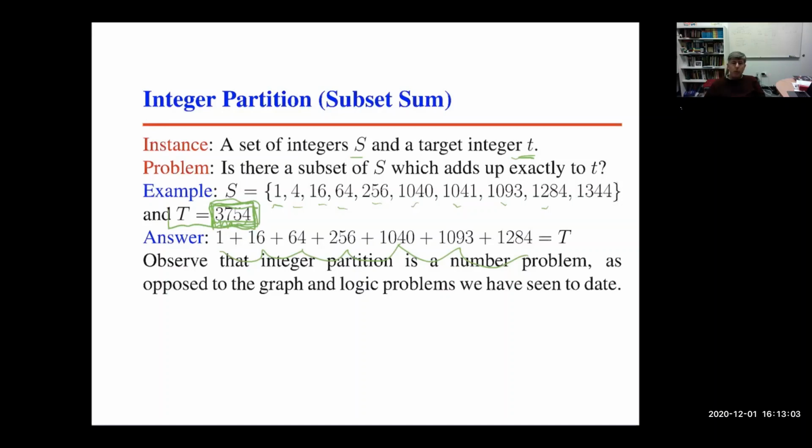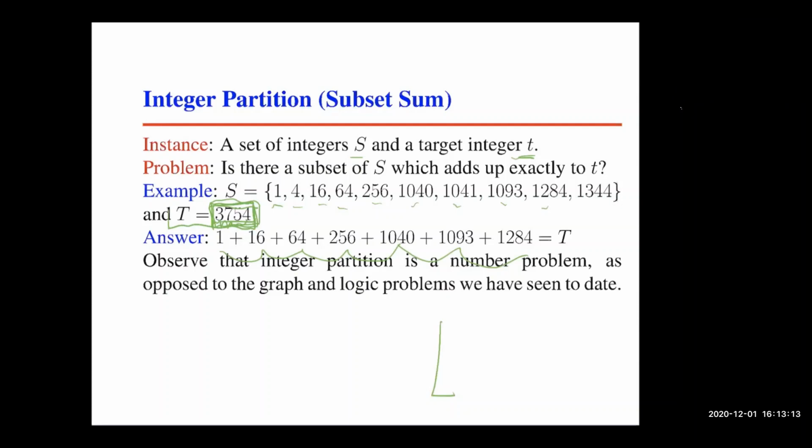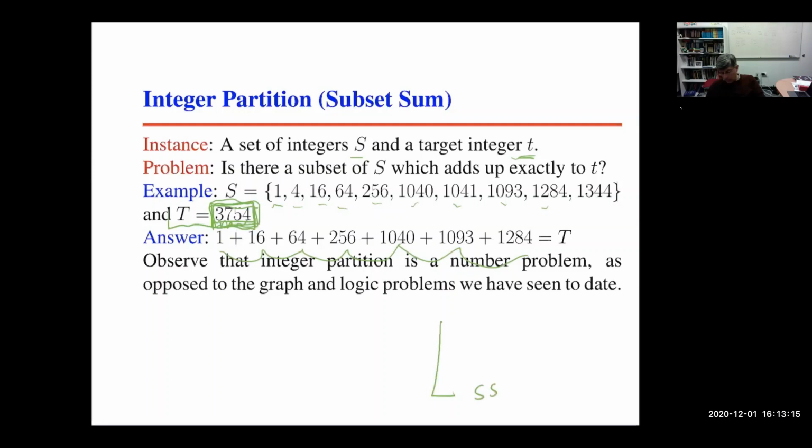If we want to prove it hard, is subset sum going to be Bandersnatch or Bobilly? Bobilly. We want to say subset sum, where I've got a set of numbers S and a target T. I need to somehow start from some other hard problem.